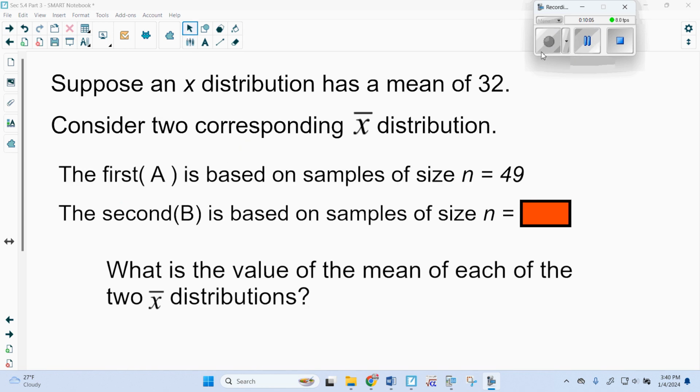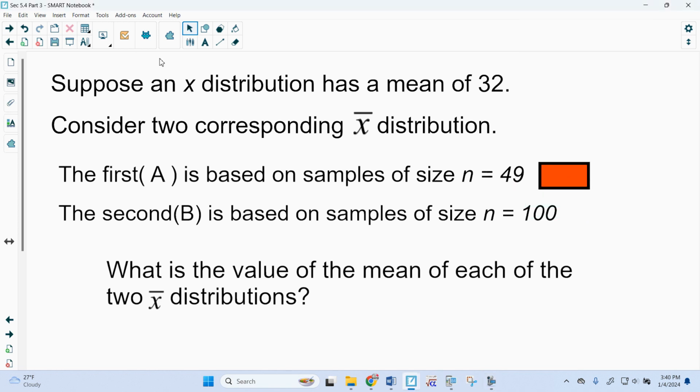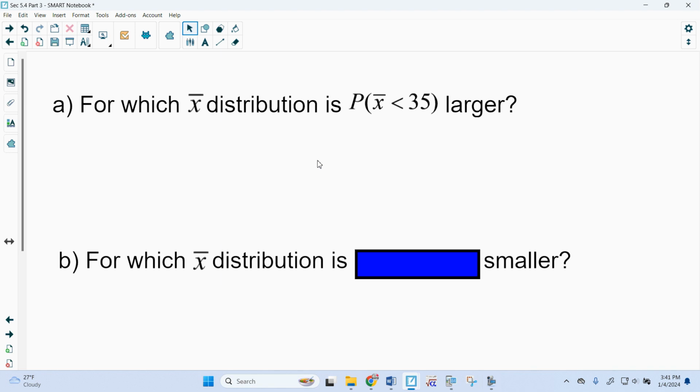Now, before we stop and pass out the homework, let's try one more problem. So we have the problem here. This is on your notes. A few things are covered up here, so we can make sure we do these together. So first off, our two sizes are n is 49 and n is 100. And the second one, which distribution is x bar less than 35 larger?